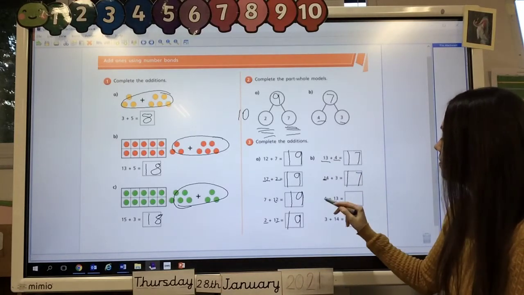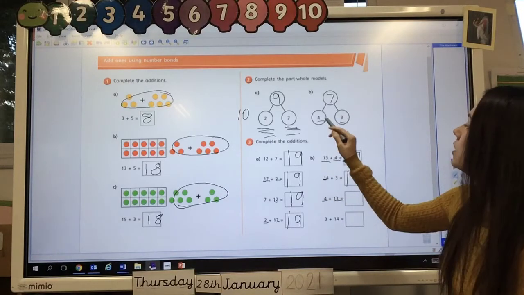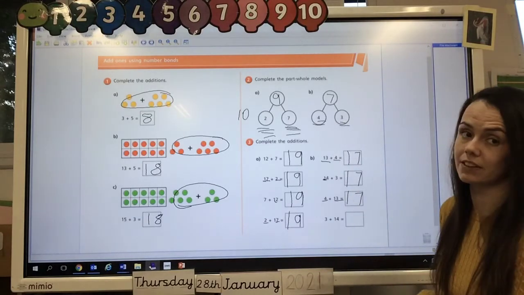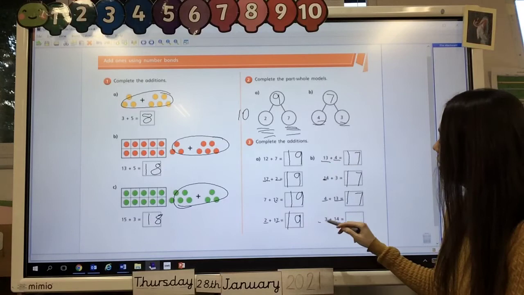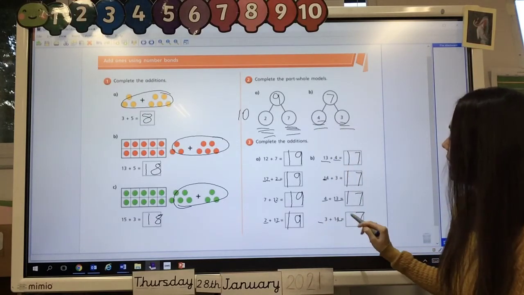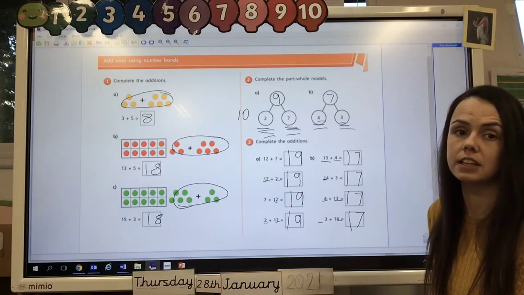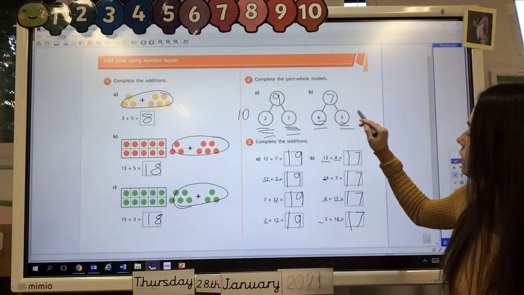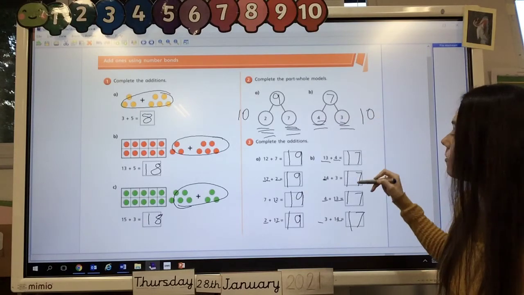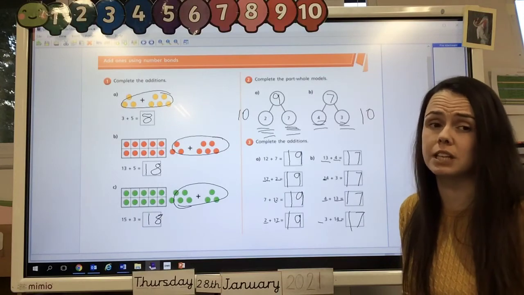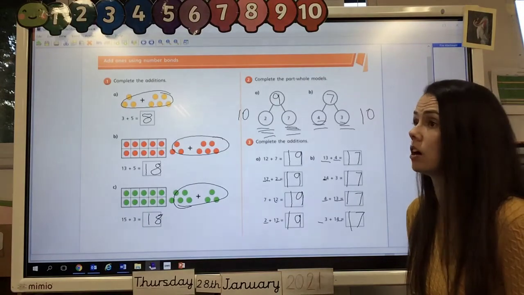This one, 4 add 13, 4 add 3 is 7, add on this 10, 17. 3 and 4, it's the same as 3 add 4 is 7, add on this 10 is 17. Again, we've used a 4 and a 3 and a 10, and we've made 4 different ways of making 17. Now that is really confusing, and it's made my head really hurt.